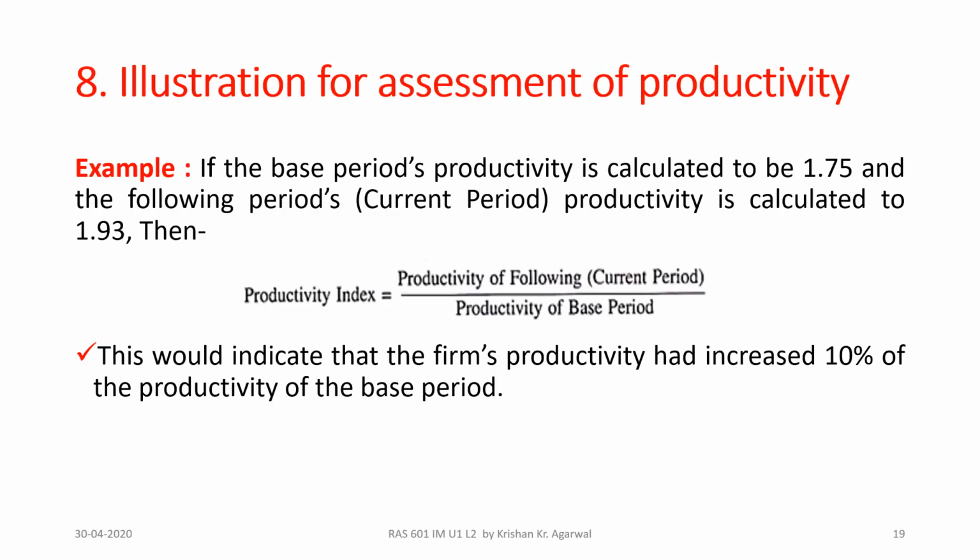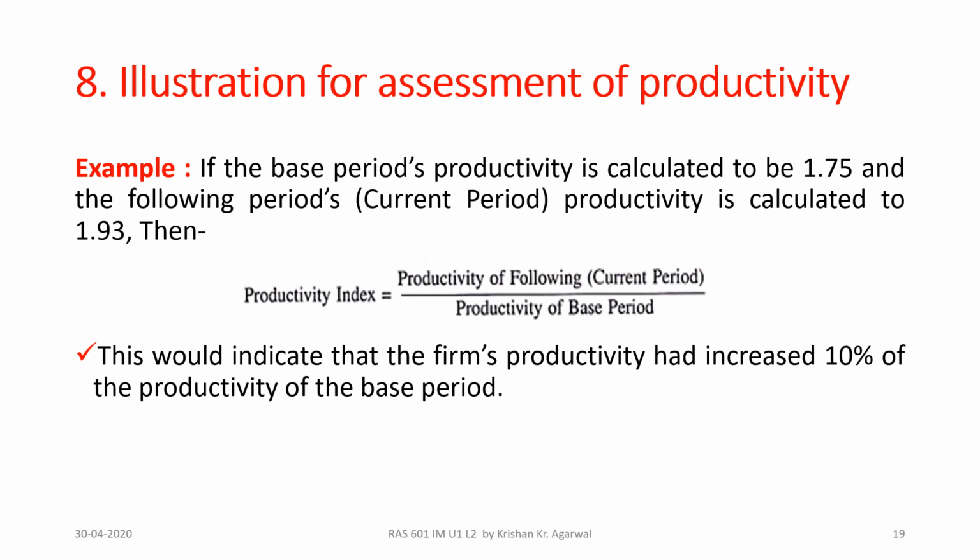Next is the illustration. Here I'm taking an illustration that is of a comparative nature. If we have the productivity of the base year as well as the current year, then we can find out the overall estimation of how much change in productivity takes place in a particular year.